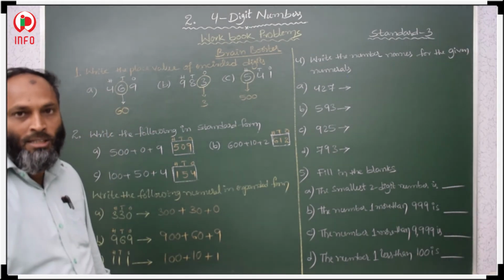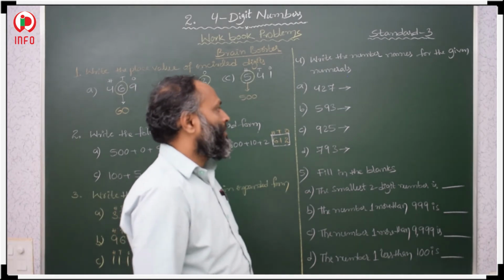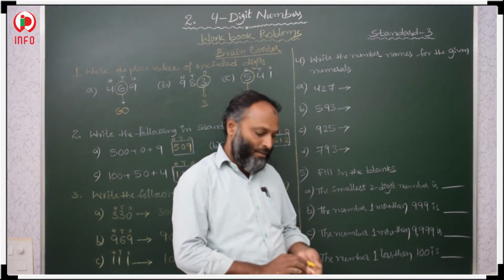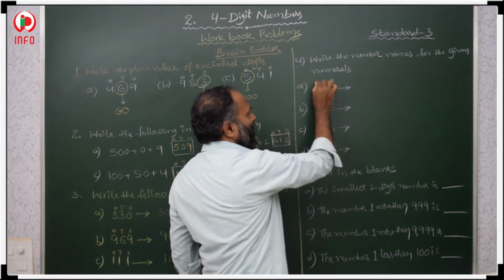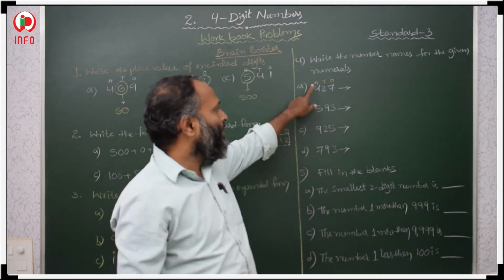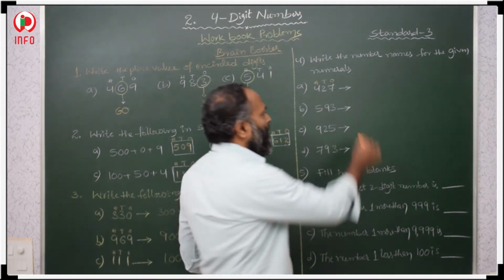This is expanded form. Now, write the number names. So this is the ones place, this is the tens place, this is the hundreds place. 427.